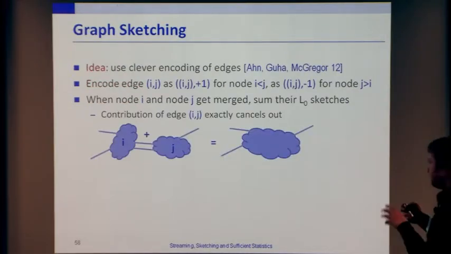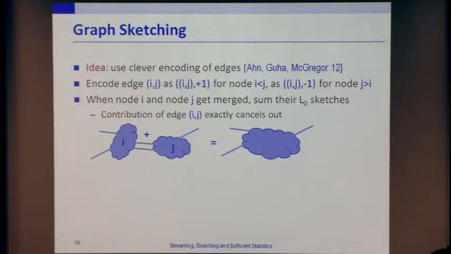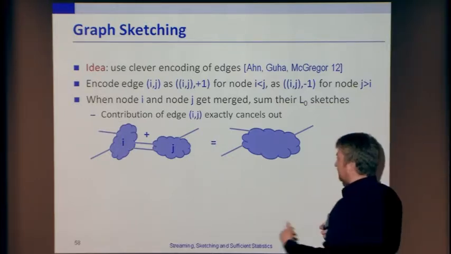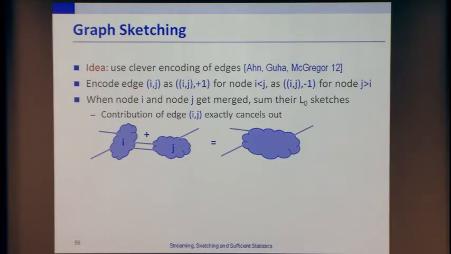It relies on the fact that using the sketching technique we can encode both positive and negative weights, so that when we add up sketches, an internal edge has a positive component from one node and a negative component from another node that exactly add up and cancel out.